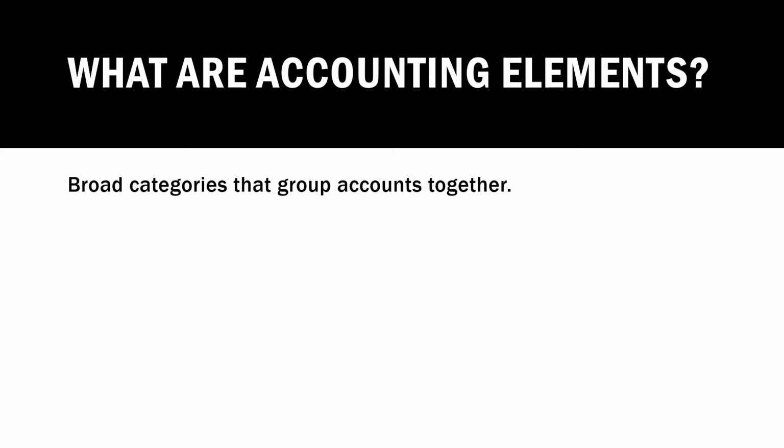But in accounting, we call them elements as we use the elements to group the various accounts that you can have in accounting. We will go into the accounts much later, but for now, I need you to understand that there are 5 elements that you need to know. So these 5 elements will serve as the broad categories.